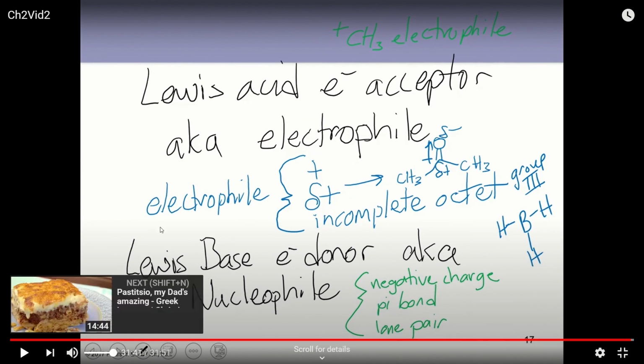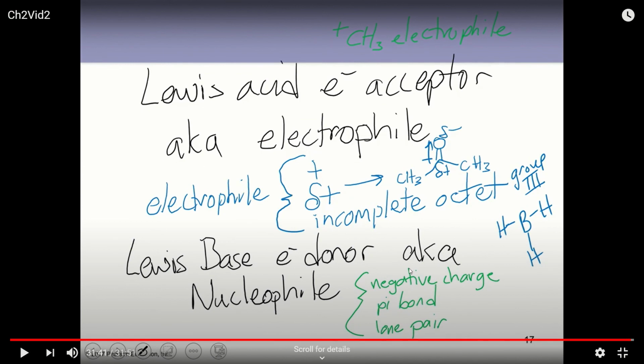All right, pause. So for a Lewis base, one of these three characteristics: either the atom that is acting as the electron donor will have a negative charge, it will be part of a pi bond, or it could have a lone pair.